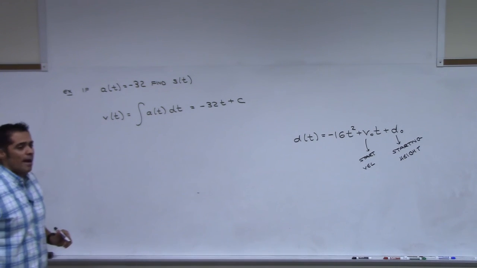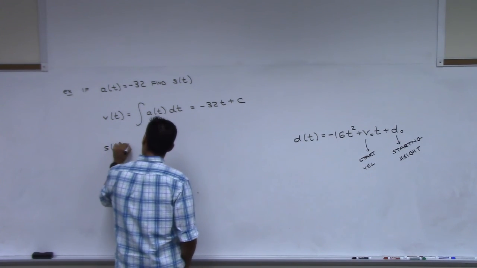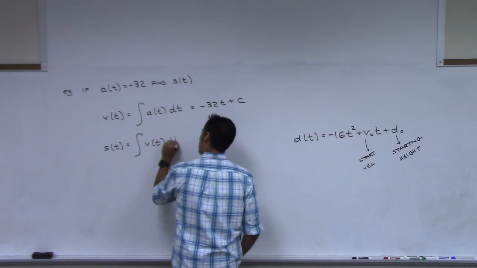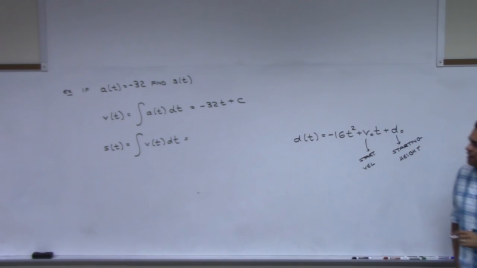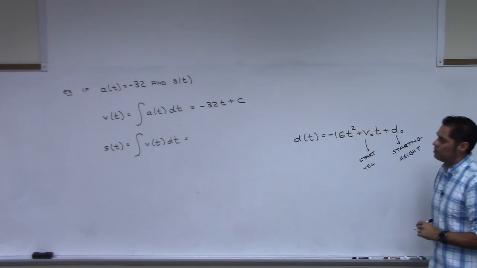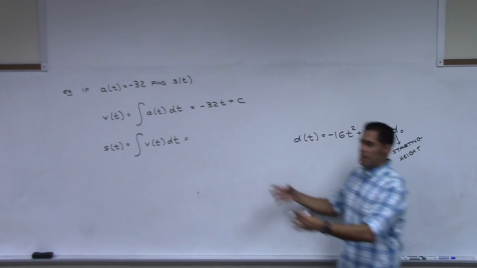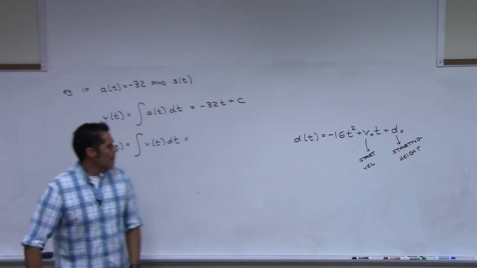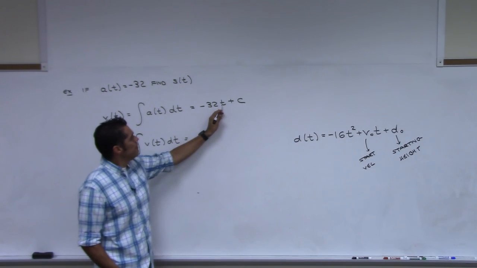I have no other information in the problem given to me. Well, how do we get to the position function? What we need to do is find the antiderivative of the velocity function that we just found. In those three pictures I drew, we just took one step back, and now we're going to take the second step back. So what's the antiderivative of negative 32t?